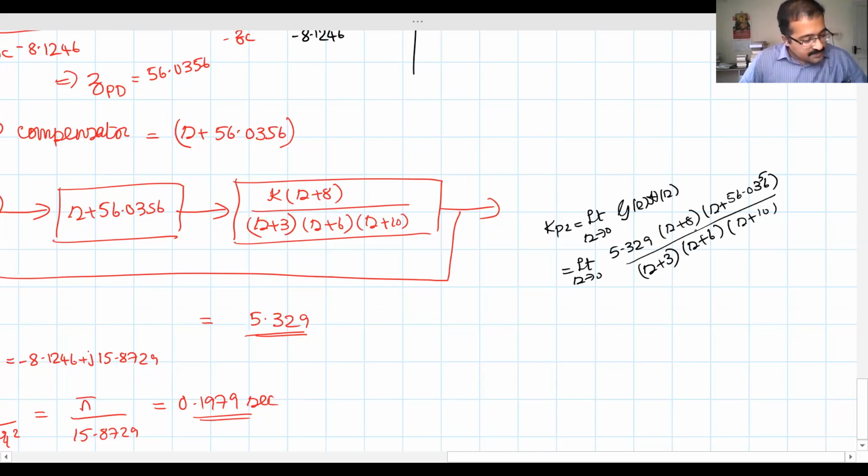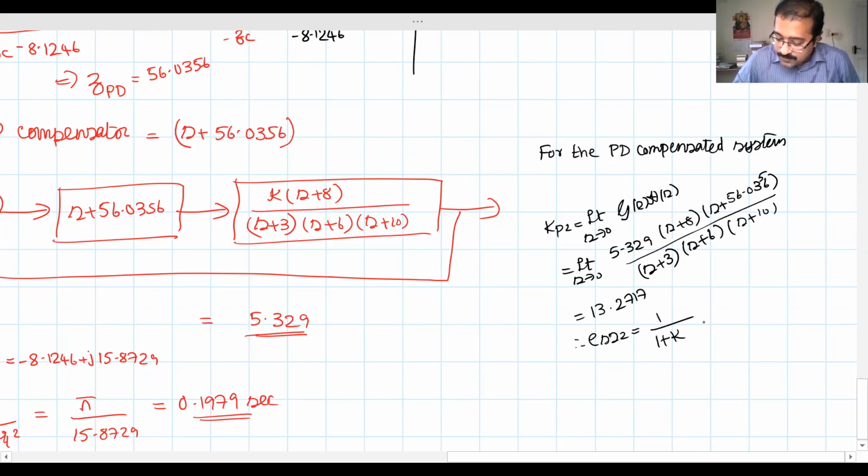All s become 0, so Kp2 will be 13.2717. The corresponding error ESS2 is 1 divided by 1 plus Kp2, which is 0.070.